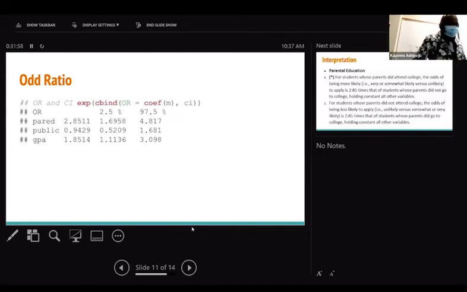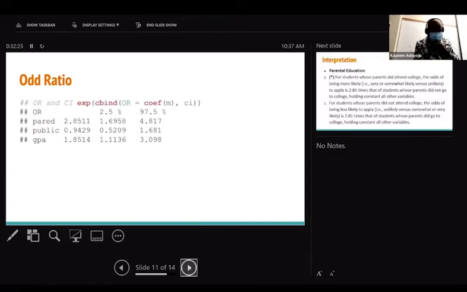We want to start with the parental status. How do we interpret the odds ratio that we obtain in the parental status right now? In the parental status, 2.8511 is the point estimate of the odds ratio, right? While 1.6958 to 4.817 is a confidence interval for that predictor, that odds ratio.